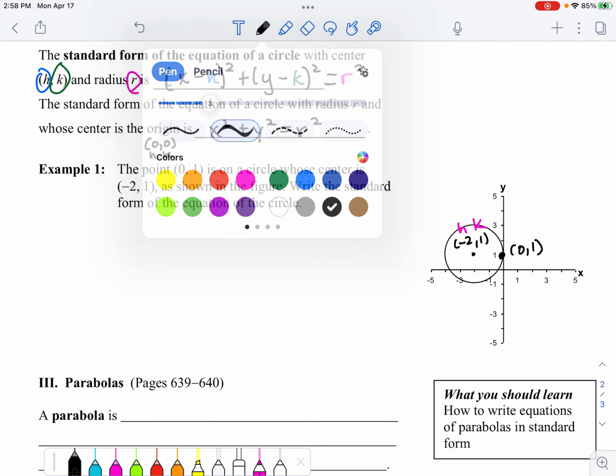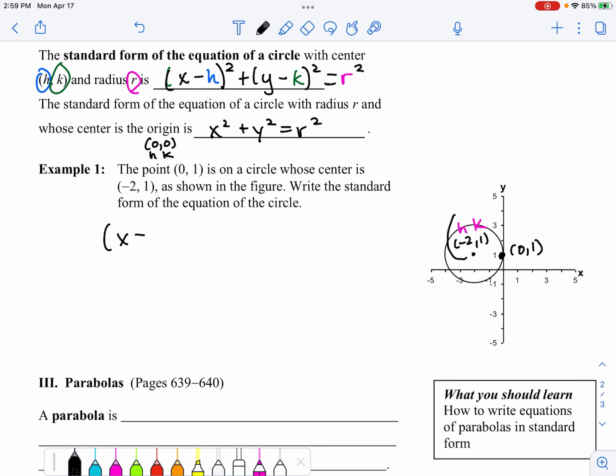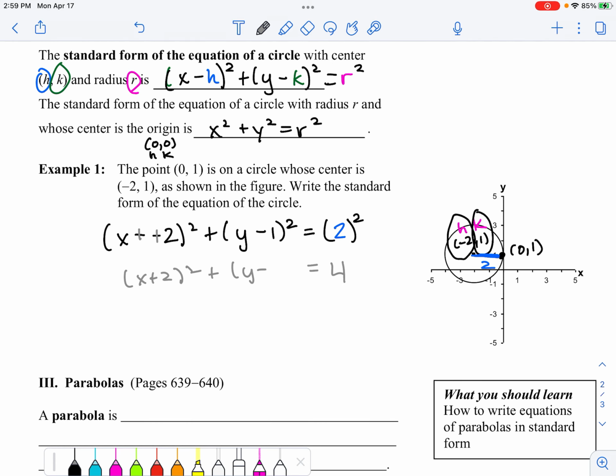So I know this is going to be x minus h, which h is -2, squared plus y minus k, which is 1, squared equals r squared, which I don't know r yet, but because these are horizontal, I can count. I know it's going to be 2 for a value of that radius. Or I could use the distance formula, so I get 4 is r squared, and we get x minus a -2 is x plus 2, and y minus 1 squared.